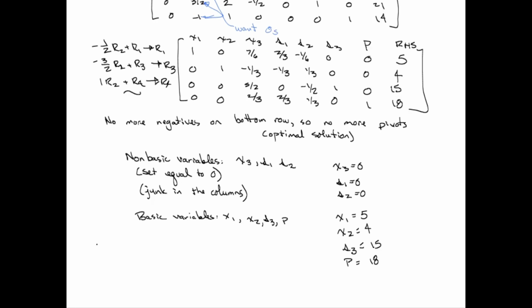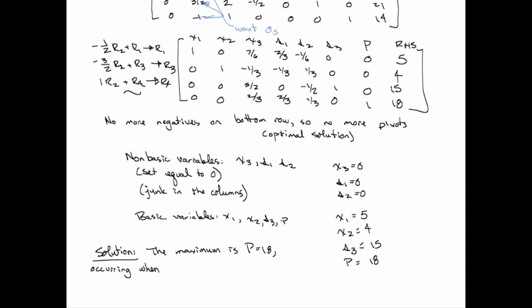So now we need to write the solution clearly. So we are going to say the maximum is P equals 18. And this is going to occur when, now what we need to write here are the values for our original variables.